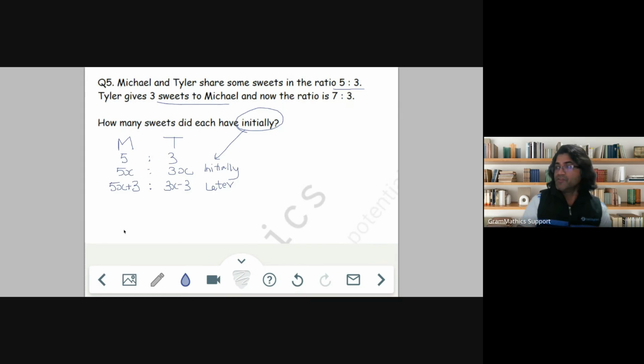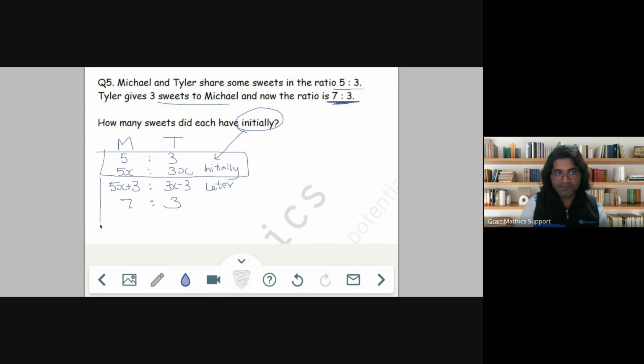Okay. Now, when this happened, the ratio has changed. Isn't it? The ratio has become 7:3. Who is the same? 5x and 3x is a different thing. They had this situation, so I'll box it here.